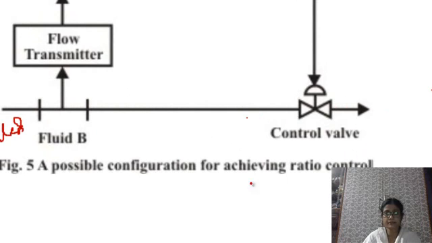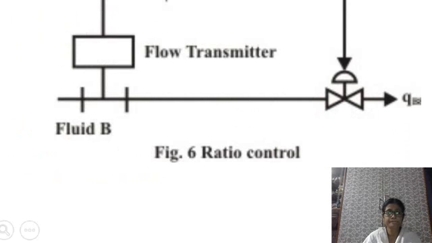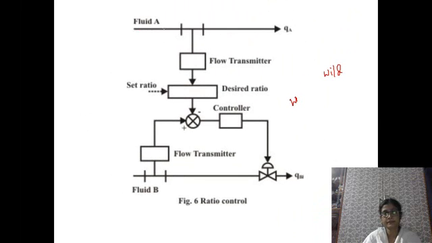Then in the next level, fluid A, the uncontrolled fluid flow path, say QA, is measured with the measuring device, and the desired ratio, the set value, is the input here. The second flow path is the control for the second fluid, within a control loop where the measuring device is there. This is the feed forward control scheme.